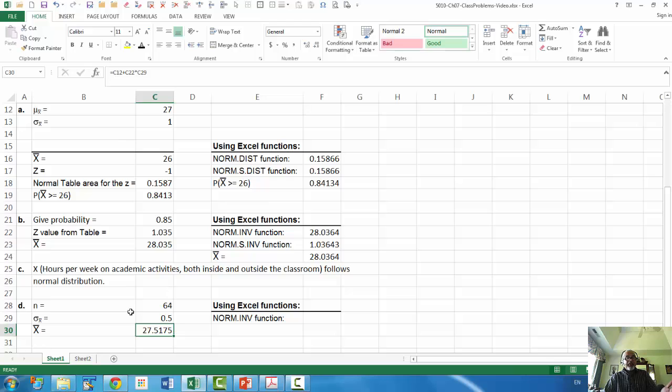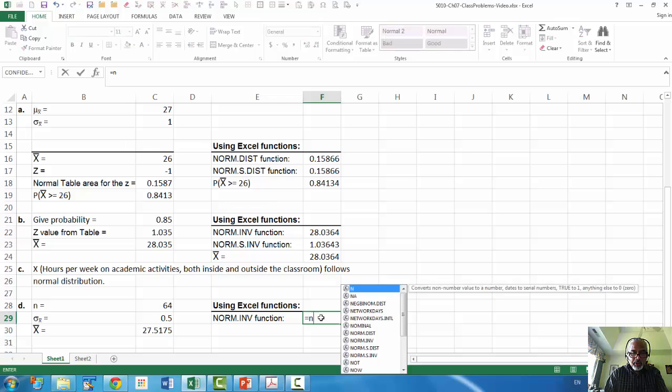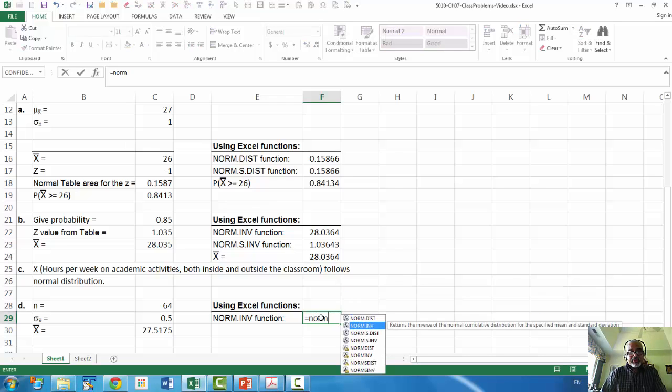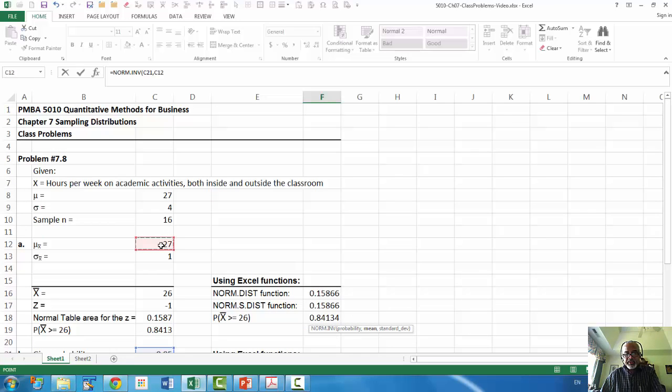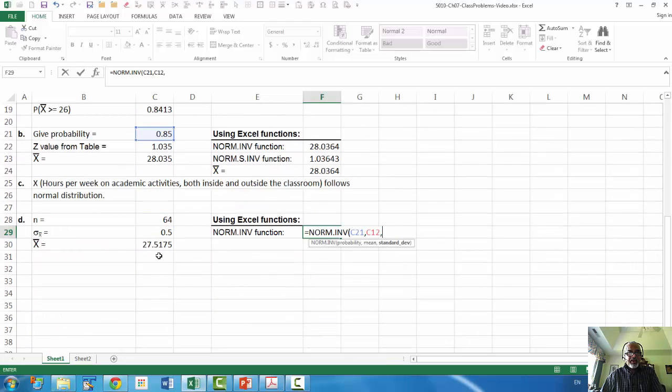It's a large sample, so x bar will follow almost a normal distribution irrespective of what the original population distribution is. Now of course we want to use the norm.inv function, then probability is 85%, mean is 27, and sigma sub x bar is 0.5.